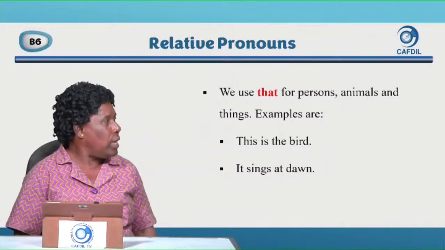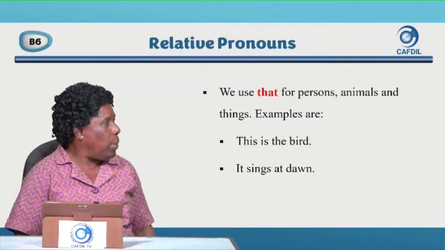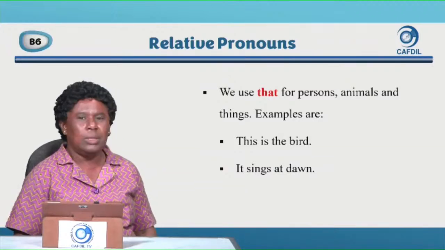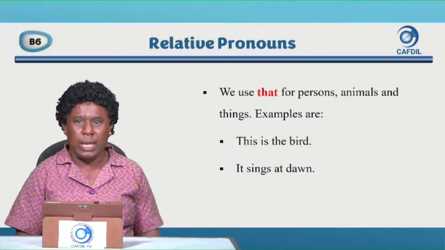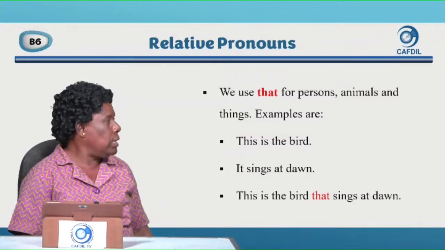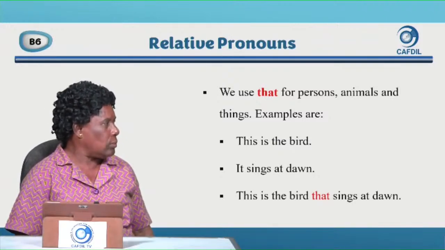We use that for persons and animals and things. These are the sentences. This is the bird. It sings at dawn. Now let's join the two sentences. This is the bird that sings at dawn.